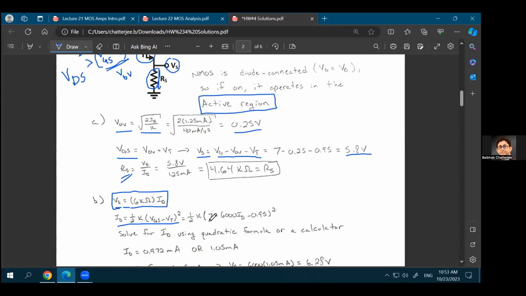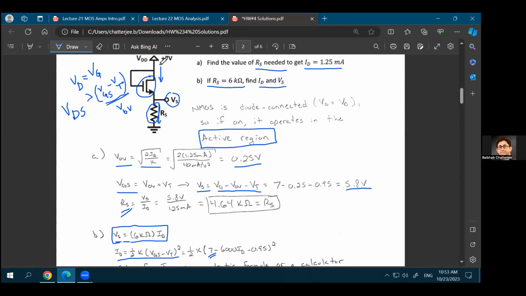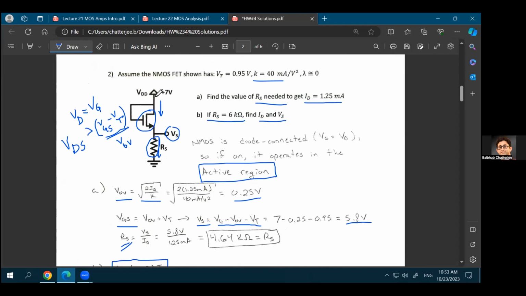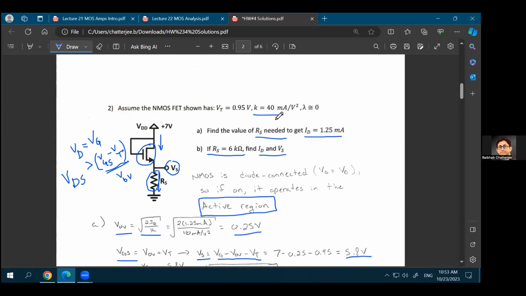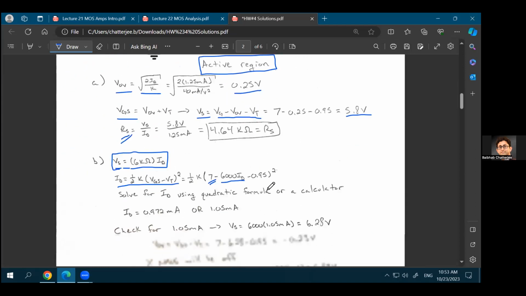Now, you know the value at the gate terminal, which is 7 volts, because gate and drain are connected together. The value at the source terminal will be 6K times ID. So 6 kilo ohms times ID, that's the value at the source terminal. So you know what the value of VGS is, that will be 7 minus 6000 ID. And VT is equal to 0.95 volts. So you can also put that over there.